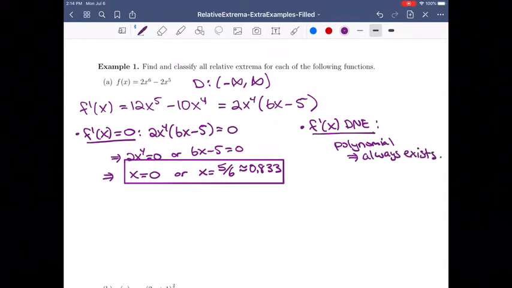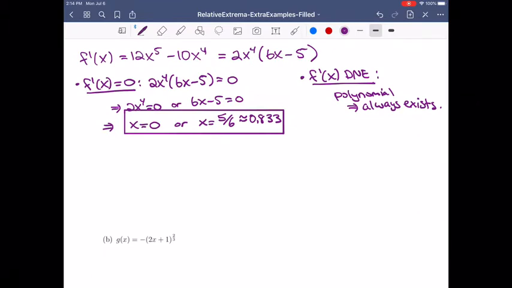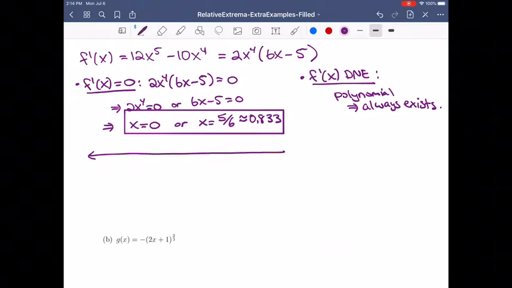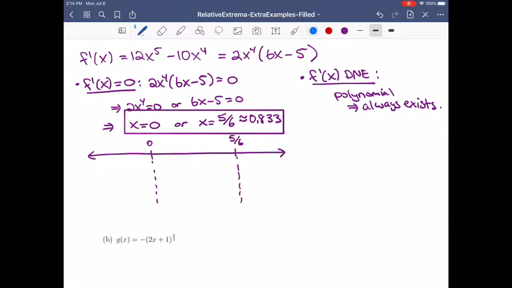In order to classify them, I'm going to use the first derivative test. So I'm going to put these on a number line. It splits at 0, and then it splits again at 5 over 6. That's where the derivative is 0, so I want to check somewhere in between.